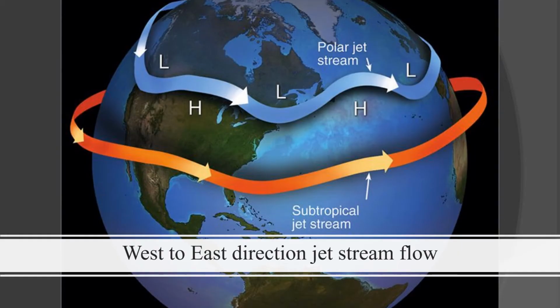When the polar jet stream flows in broad loops that sweep north and south, it may even merge with the subtropical jet stream. Occasionally, the polar jet splits into two jet streams.